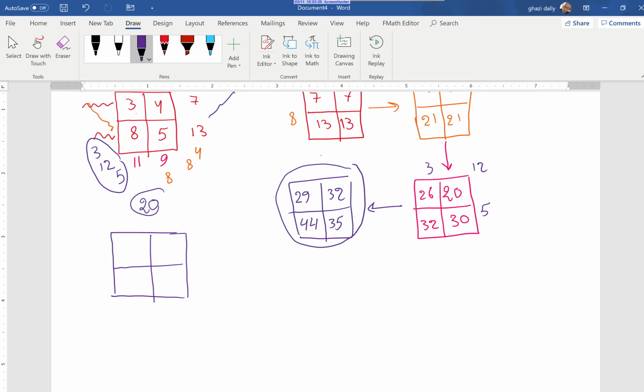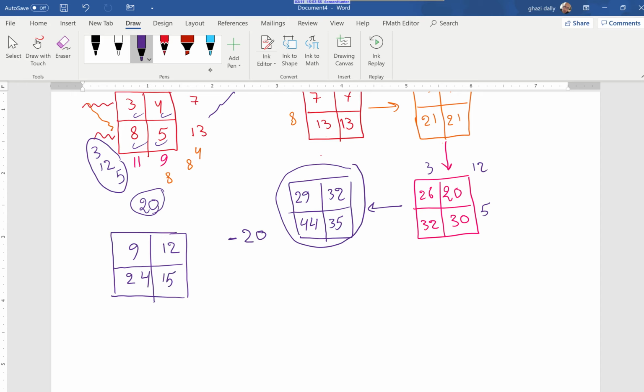So adding the 3, 4, 5 and 8, the result is 20. Notice that if I subtract 20 from the result here, we get 12, 9, 24 and 15.